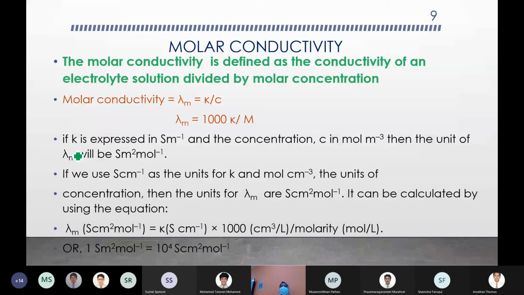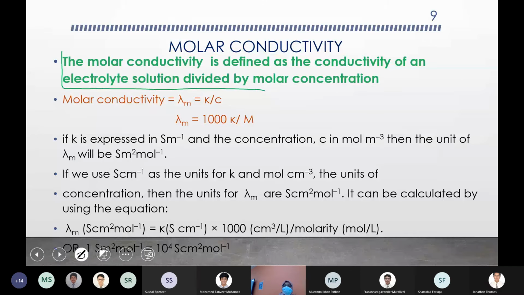Molar conductivity is defined as the conductivity of an electrolytic solution divided by molar concentration. That is concentration in molarity. So conductivity divided by concentration in molarity.